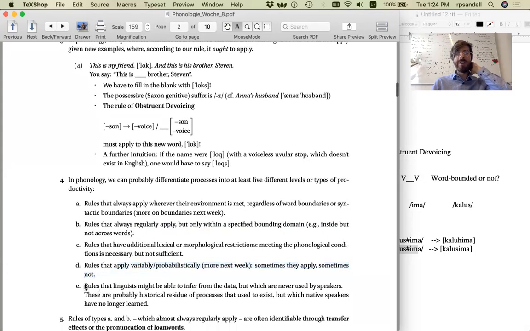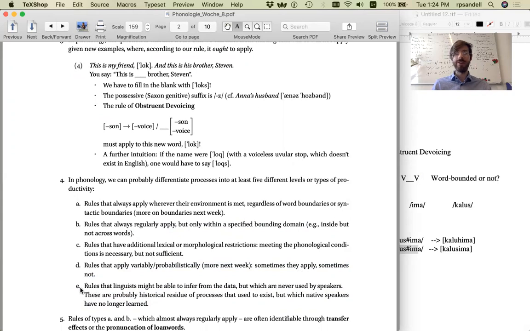And finally, then, there are rules, as I've mentioned, that linguists might be able to infer from some data in the language, but which are never used productively by the speakers. And these probably reflect the historical residue of phonological processes that used to exist in an earlier phase of the language, but which speakers have no longer acquired.